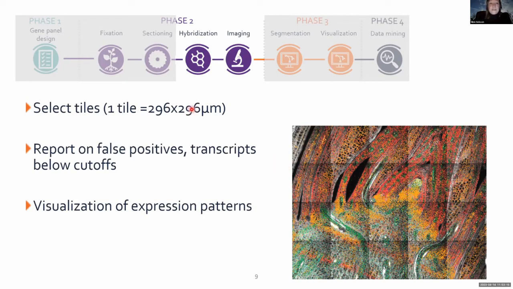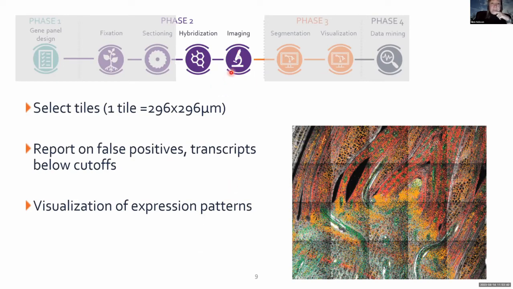And as you can see, the tile dimensions are mentioned here. So you can select about 60 of those tiles. And so it's up to you then to choose on which tissue you want to focus. For instance, if you have a large maize seed, you only want to have the seed coat, you can go along the circumference of the seed. In this case, you can take more of the meristem tissue or more of the leaf tissue as you want.